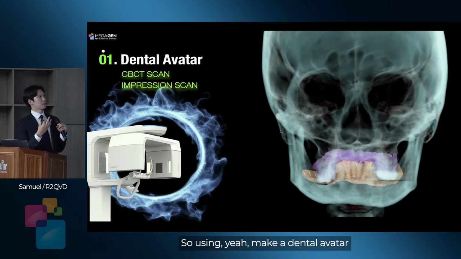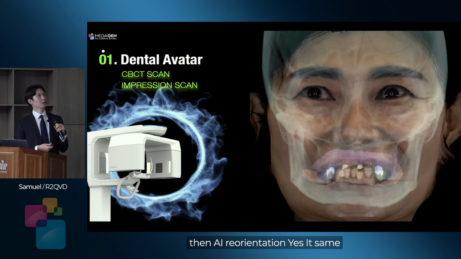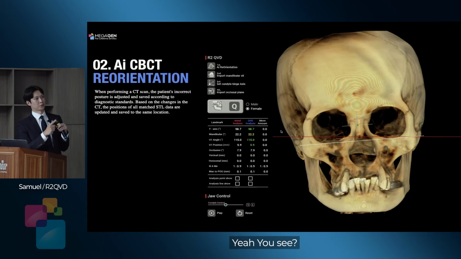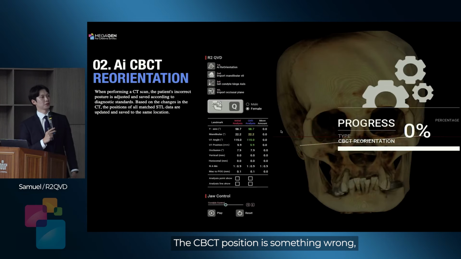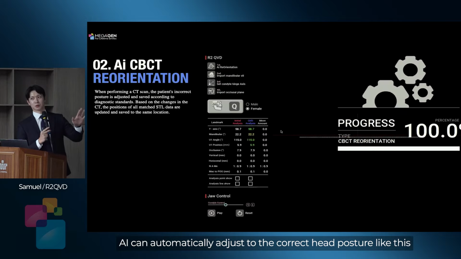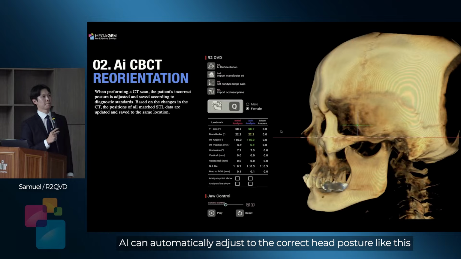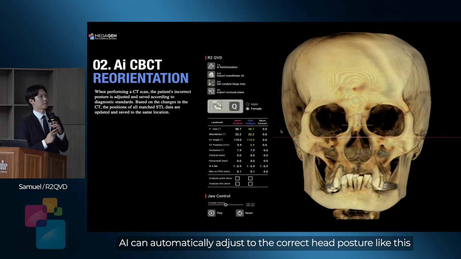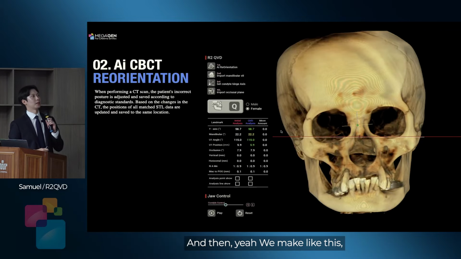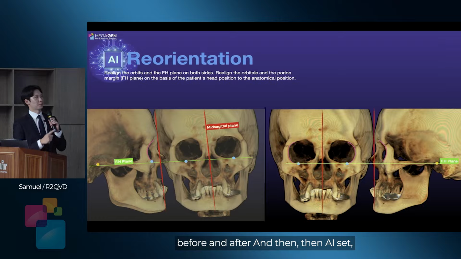So we make a dental avatar, then AI reorientation. You see the CBCT position is wrong. AI can automatically adjust to the correct head posture like this. Then we make it like this, before and after.